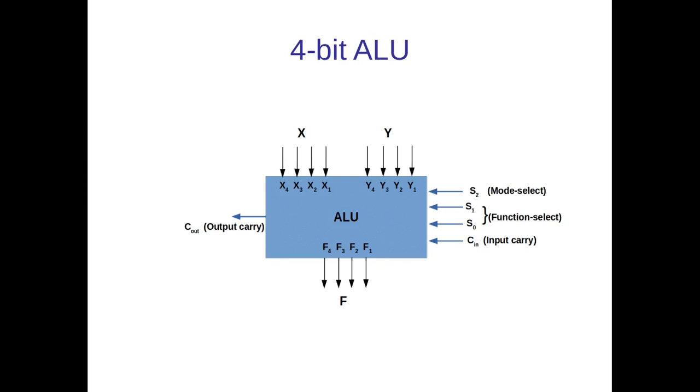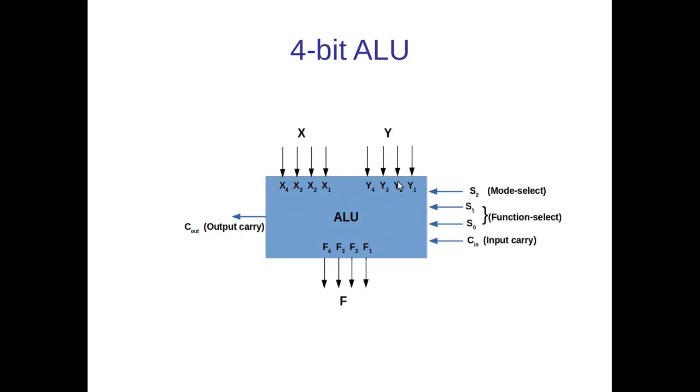So this is a simple ALU. We are considering this ALU for our study purpose. After designing the simple ALU, we can extend our design to more complex ones. Here we have X input, Y input, then F is our output.